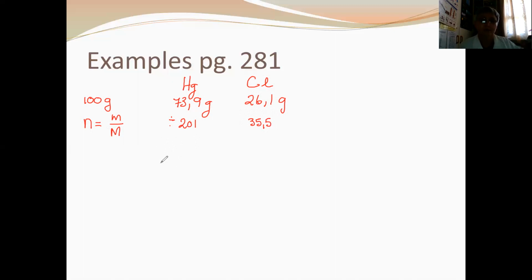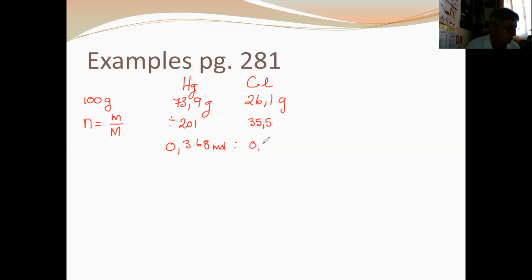If we take 73.9 and divide it by 201, we get 0.3676. So I'm going to round it off to 0.368 moles of mercury.